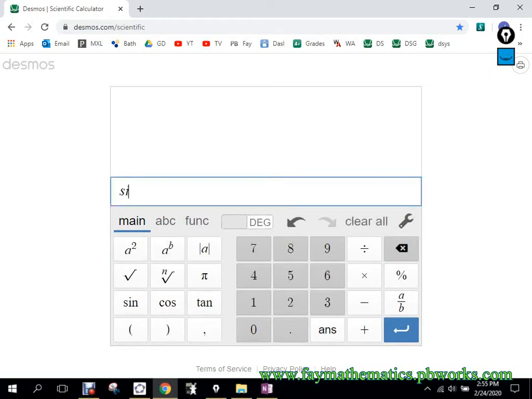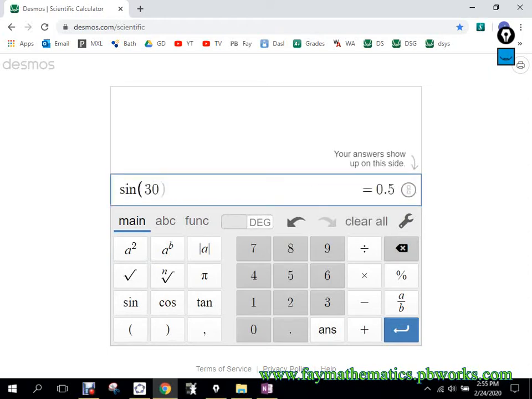If I type in sine of 30, my calculator knows that it should give me back that 0.5. It says that every right triangle that has a 30-degree angle in it, the opposite side divided by the hypotenuse will undoubtedly every single time be 1/2. Okay.